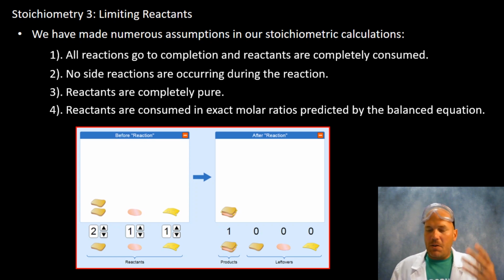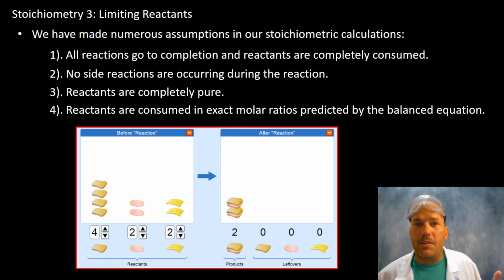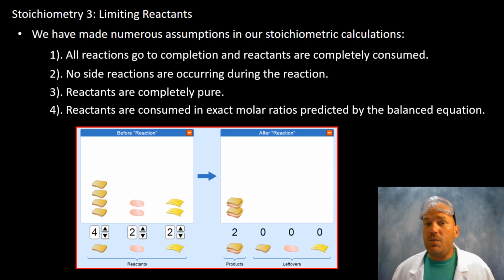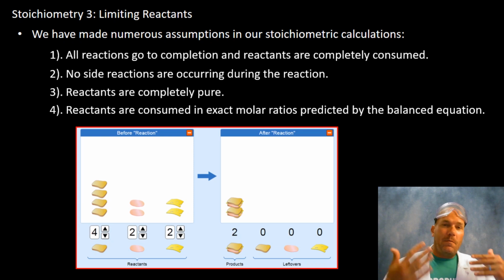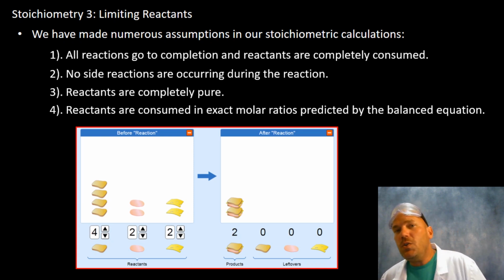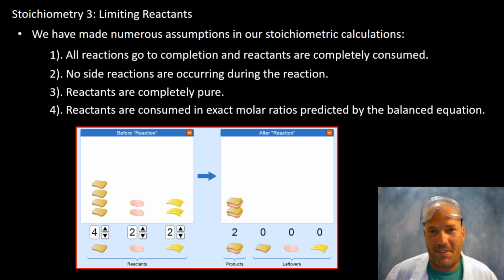All right, so look at this example here. Now we have 4 slices of bread and 2 meats and 2 cheese. We can make 2 sandwiches, okay? 4 to 2 to 2 to 2 ratios means we can have twice the product.